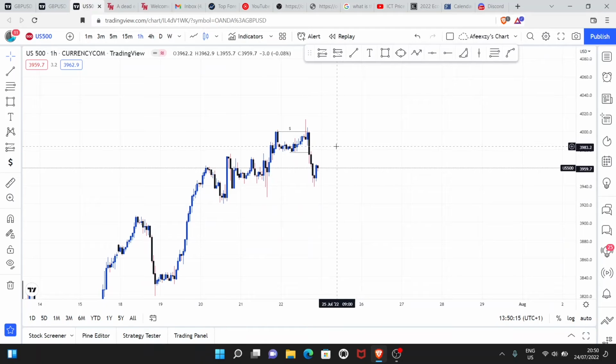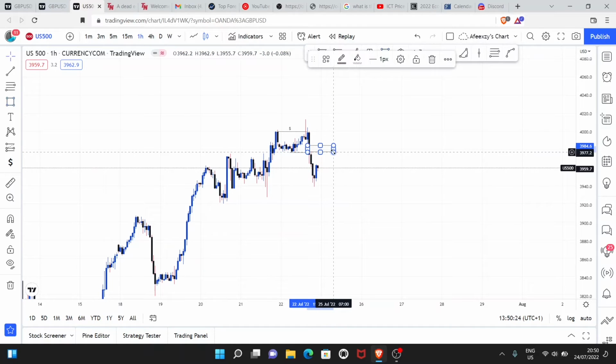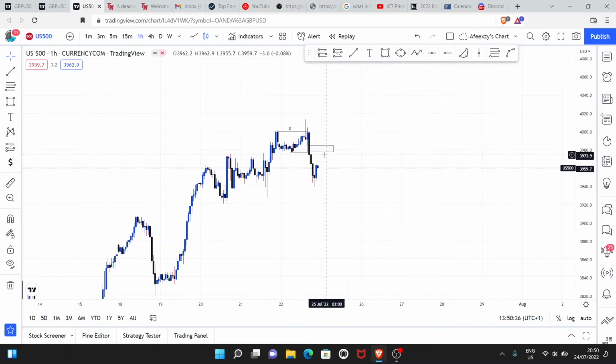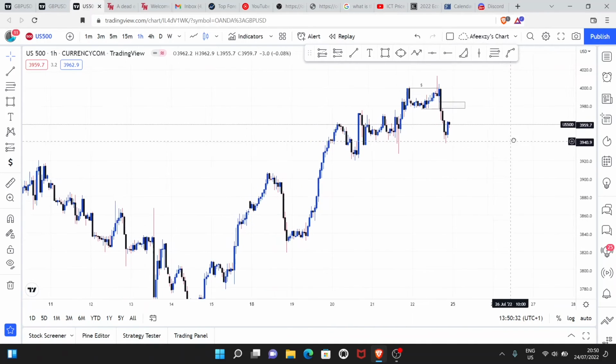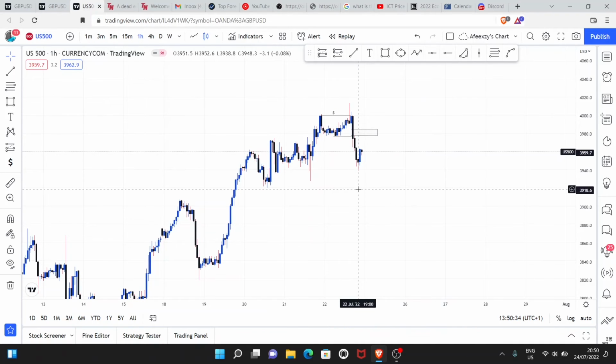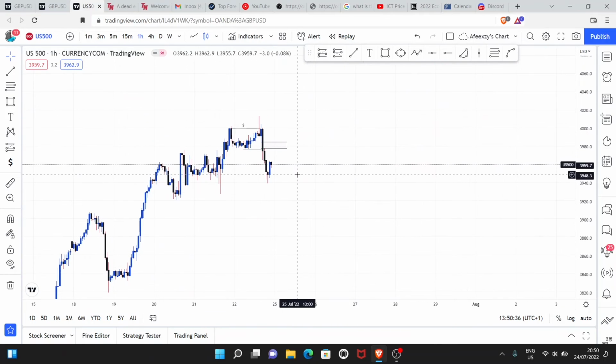Now a move to this side, this fair value gap, will be a nice entry for shorts. Let's see how it plays out next week on S&P 500.